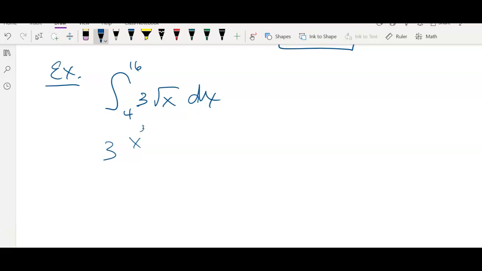So it's 3/2 divided by 3/2. So you got to figure out 3 divided by 3/2, which is 3 times 2/3, which is just 2. Right? So it ends up being 2x. I would keep that as x to the 3/2 because it'll be easier to do the math.